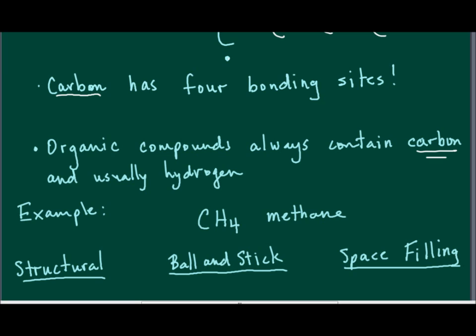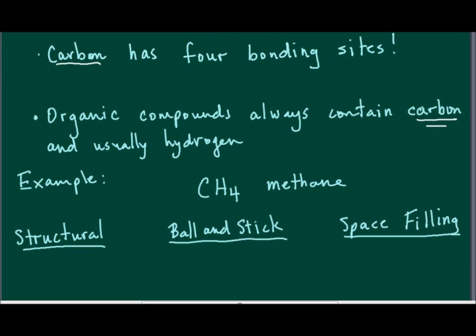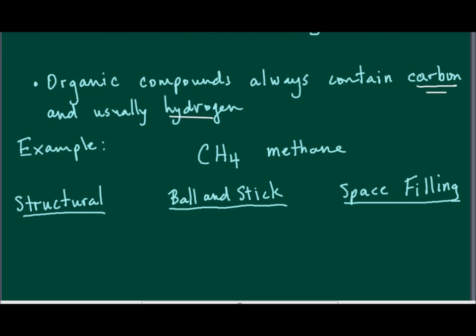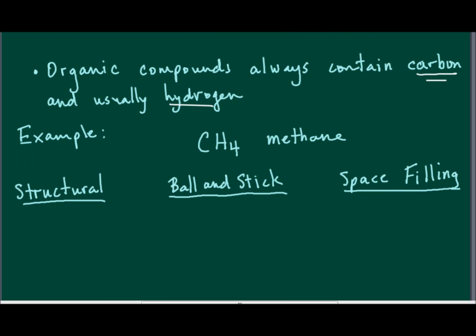Not all carbon-containing molecules are organic, but all organic molecules do contain carbon. They usually contain hydrogen, so if you see carbon and hydrogen in combination, that's a pretty good indicator that you're going to have an organic compound. So look for hydrogen. There are 3 ways that we represent organic compounds using models, like drawings.